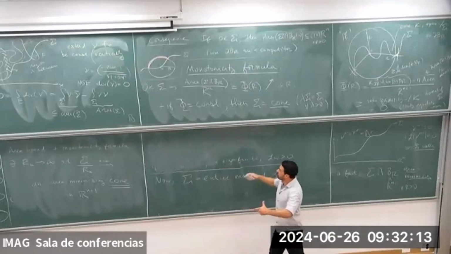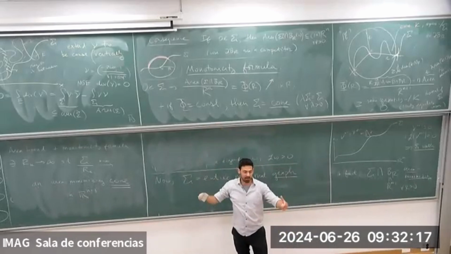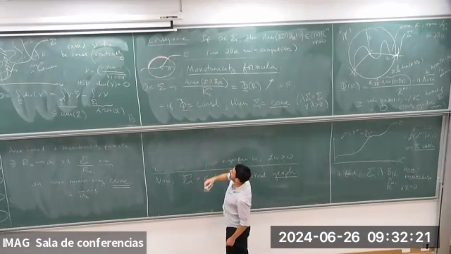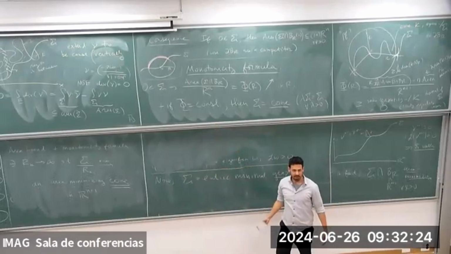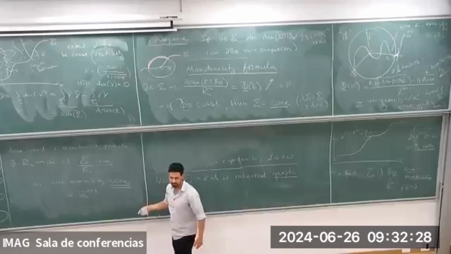You can think that as you blow down more and more, this quantity is approaching its maximal possible value, the limit as R goes to infinity, which exists by monotonicity. And after you blow down, you get a cone for which the corresponding quantity is finite.